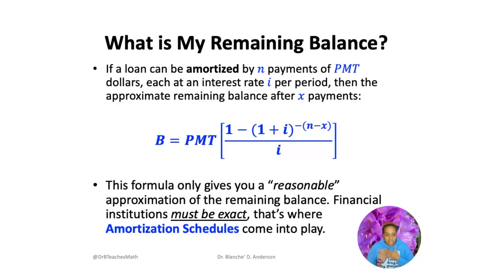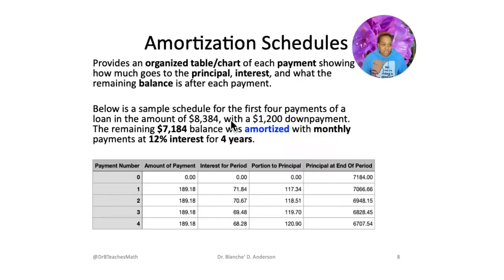But for us, individual consumers, this gives you a reasonable approximation of how much your remaining balance is. And then there are calculators and other tools out there that will also help you determine how much of your payment is remaining and how much of your payment went to principal. It can do all of that for you, essentially what I'm trying to say. But this kind of puts it in your hand.